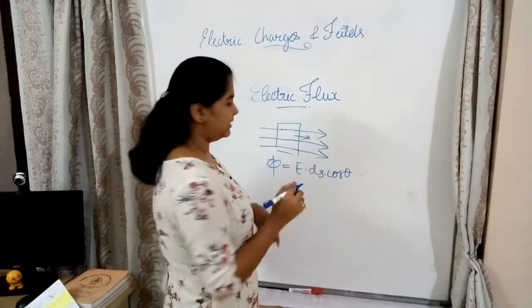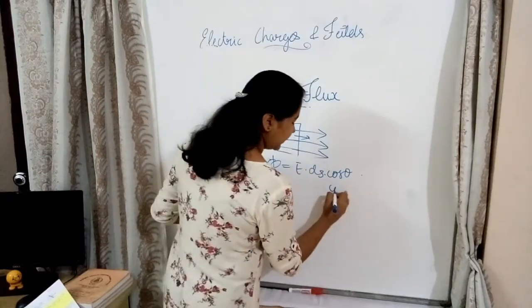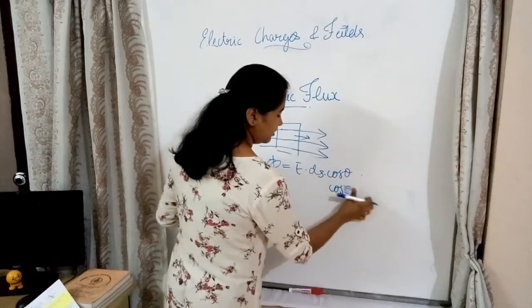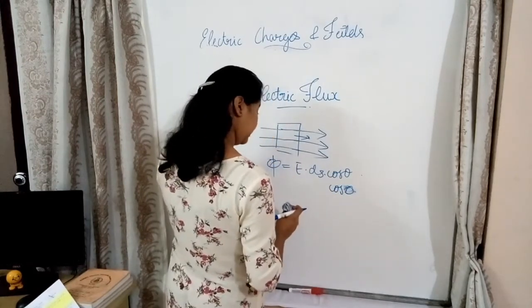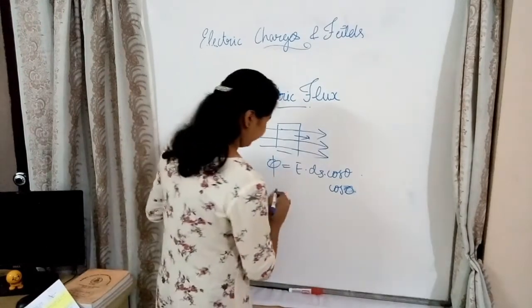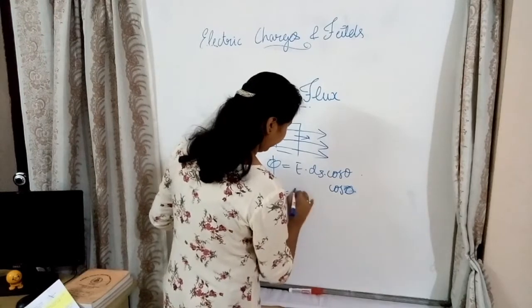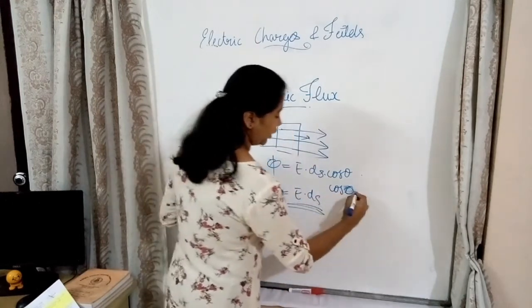So what is the angle between them? 0. What is cos 0? No, cos 0 is 1. So phi is equal to E dot ds if it is cos 0.